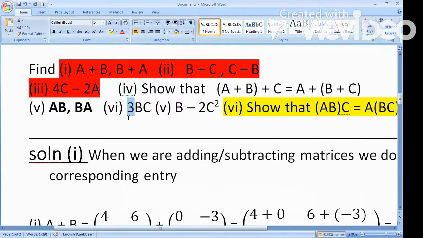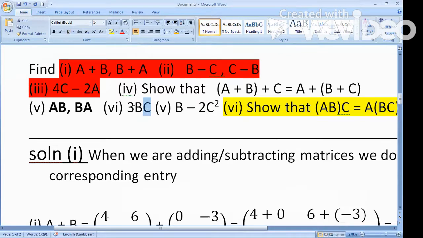Or you could say 3 times everything in B only, and then multiply that product by C.